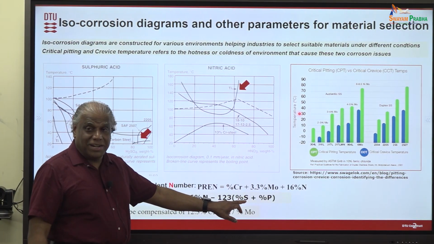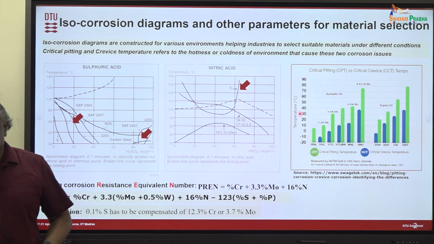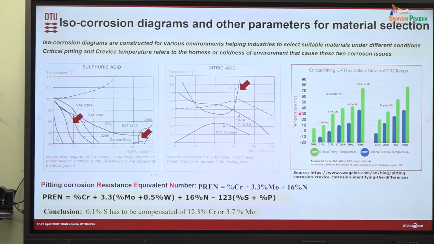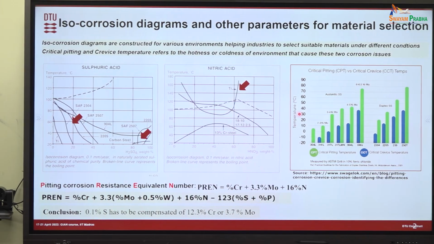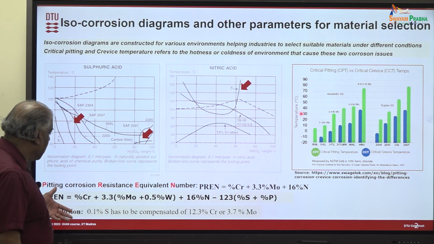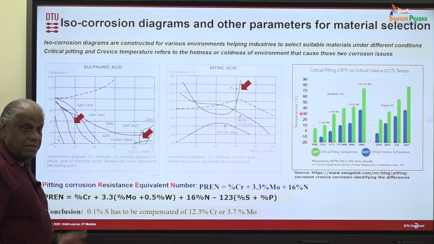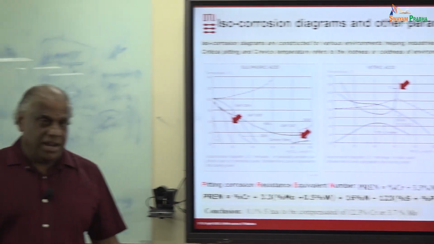For a slight increase in the sulfur content, you need to compensate with a much higher amount of chromium and molybdenum. But all these are very nice things which corrosion engineers, academics and people in companies have done, creating such formulas which help companies design different alloys.